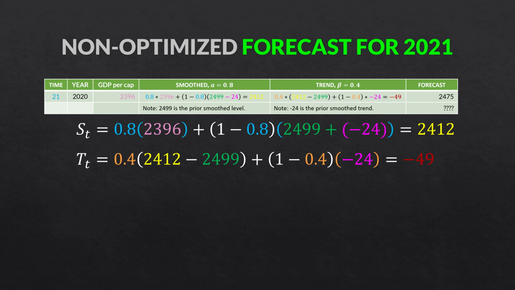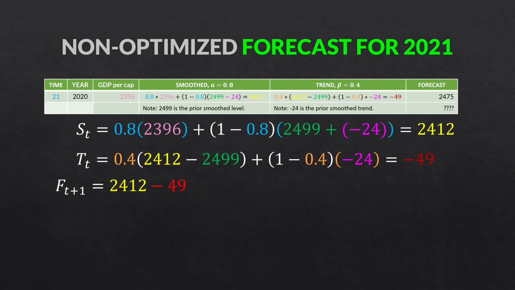So T sub t, our smooth trend, 0.4 times 2412, that is our current period smooth level. You can see that there in the fourth column, minus the prior period smooth level of 2499, plus 1 minus beta times negative 24, which is our prior period smooth trend. Do that math out, and we have negative 49.